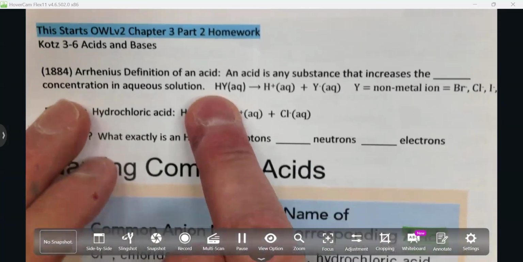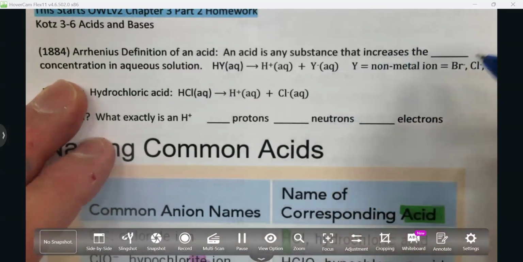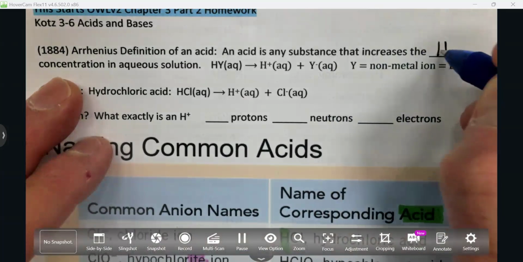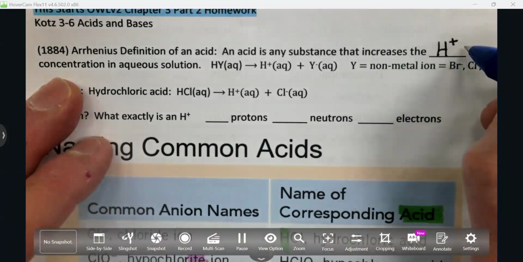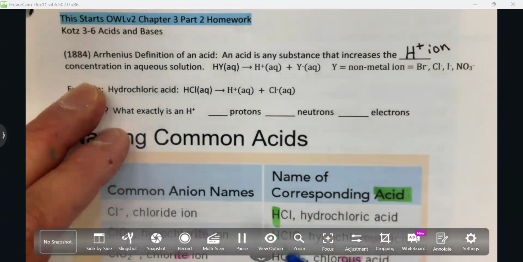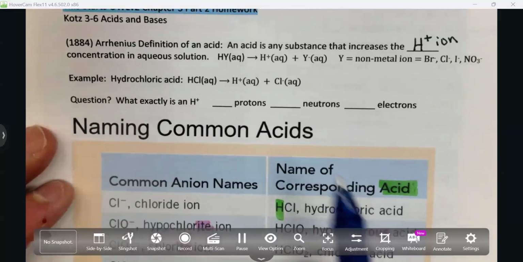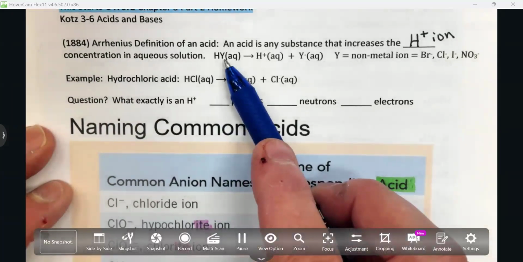Now, let's look at this right here. Arrhenius definition of an acid: any substance that increases H plus ion concentration. The generic of that is HY.